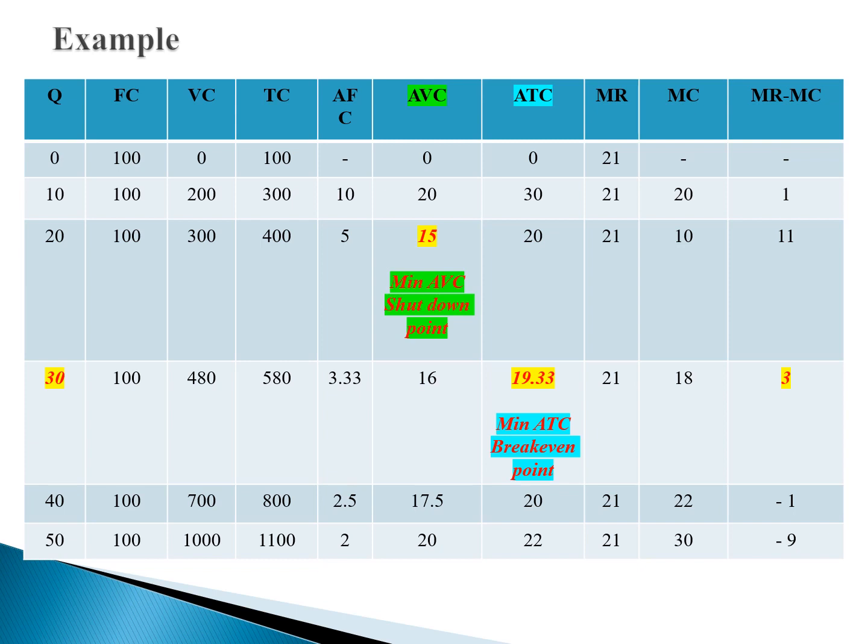Now let's see that in the quantity column, the quantities are given as 0, 10, 20, 30, 40. Up to 50 it is given. Fixed costs are 100. Variable costs are varying depending on the quantity produced. Total cost is also varying because the variable cost is varying, and total cost is consisted of both fixed cost and variable cost.